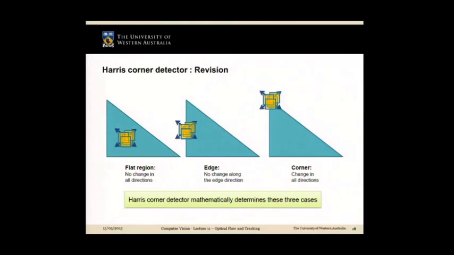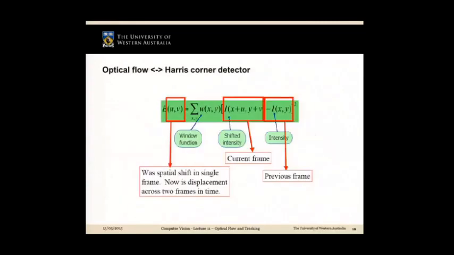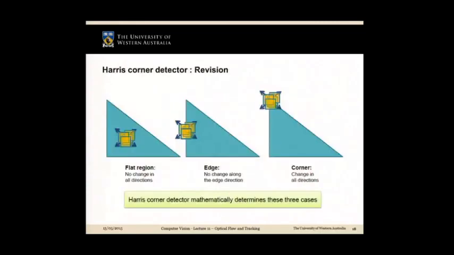So for a flat surface, no gradients. For an edge, we have gradient in one particular direction, and then for a corner, we have changes in all directions. So we have two different gradients in that particular case. That's how Harris detected the corners in his technique.